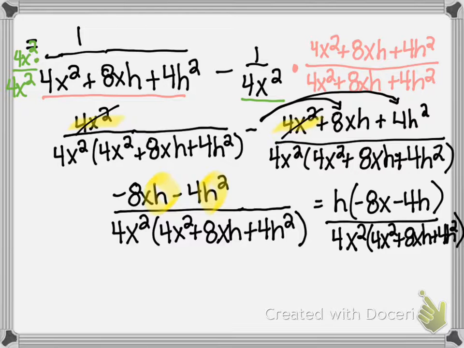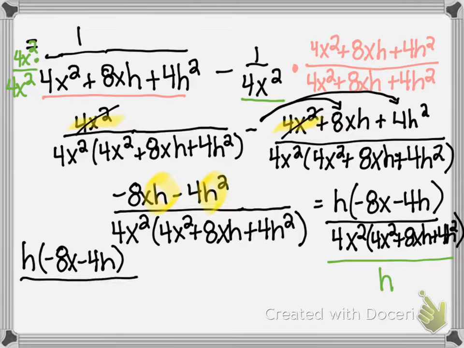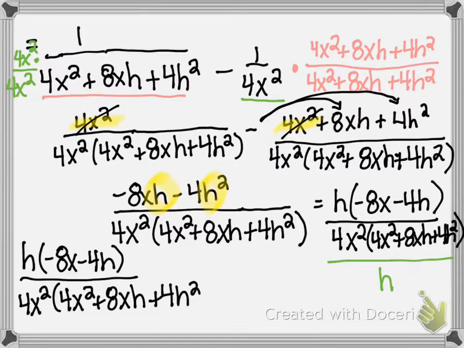Okay? Now, at this point, I am going to take my whole problem and divide by h. Now, when I divide by h, that is the same thing as multiplying by 1 over h. So when I set this up, I have h times negative 8x minus 4h divided by 4x squared times 4x squared plus 8xh plus 4h squared.